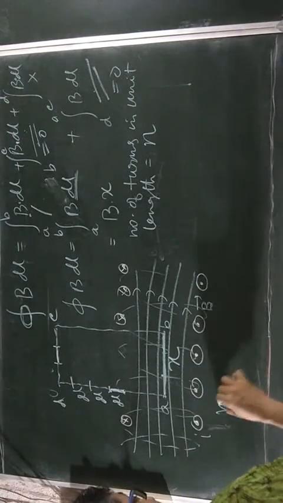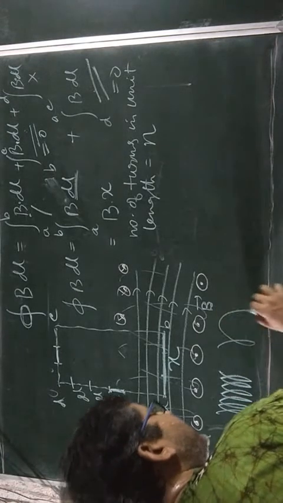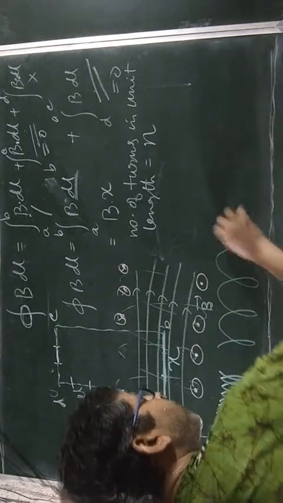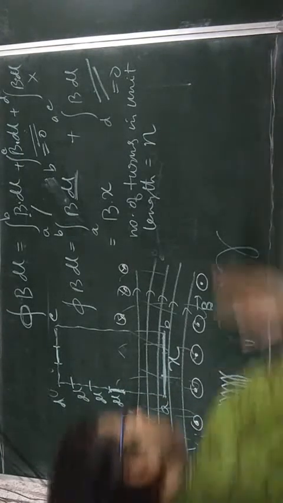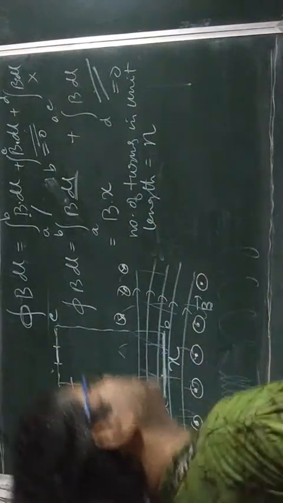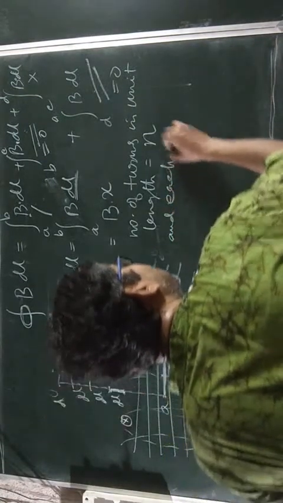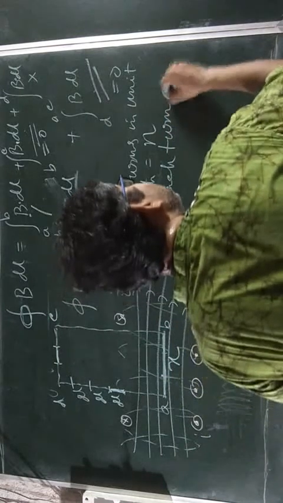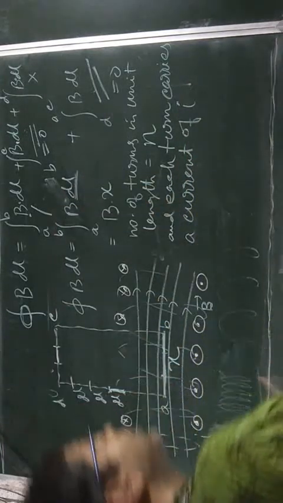It may be very dense, or it may be like this, where each turn is much further from the previous turn and the next turn. So this is a solenoid where there are n turns in unit length, and each turn carries a current of, suppose, I.